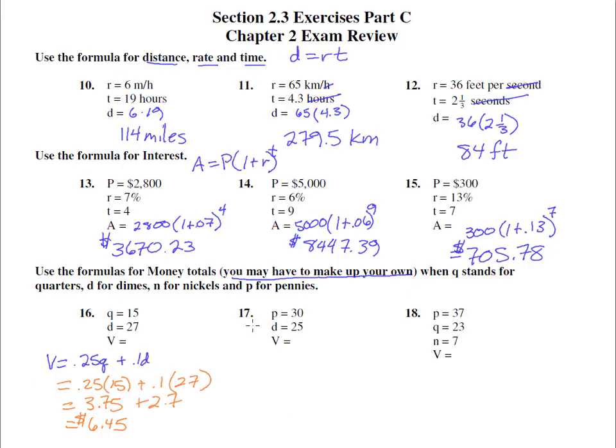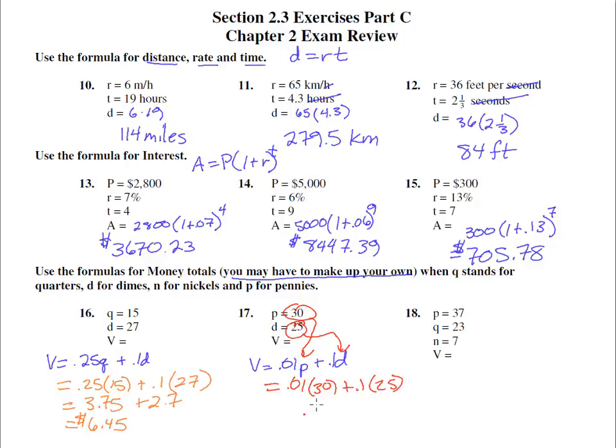$6.45. Number 17. The equation on this one, we have pennies and dimes, so our total value will be 1 cent for each penny and 10 cents for each dime, and there's our formula that will work for this one. We'll put 30 in for the pennies and 25 in for the number of dimes, so we get 0.01 times 30 plus 0.1 times 25.